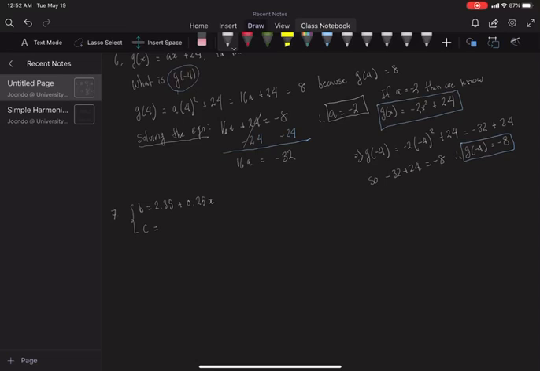C is equal to 1.75 plus 0.4x. And basically, simplifying the word problem, B and C represent... let's see, let's cut this off here.